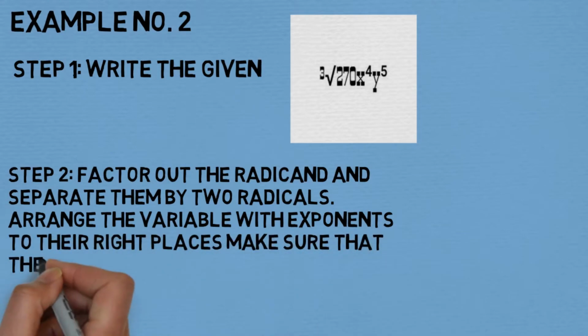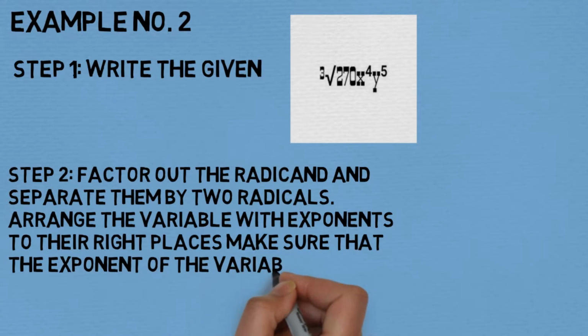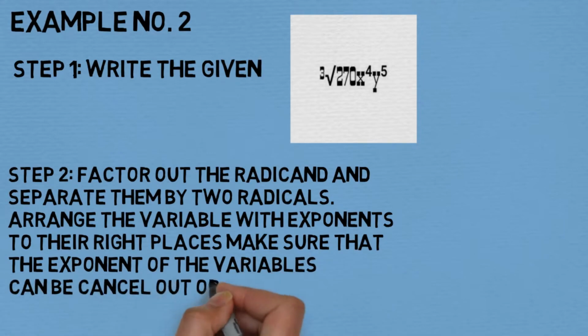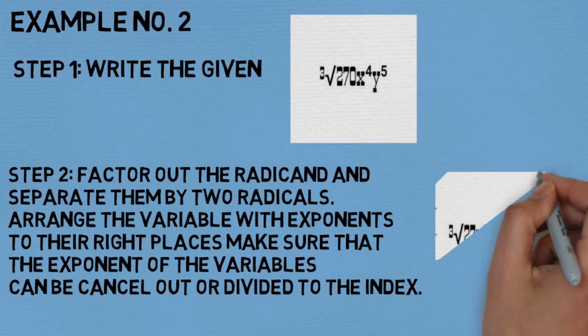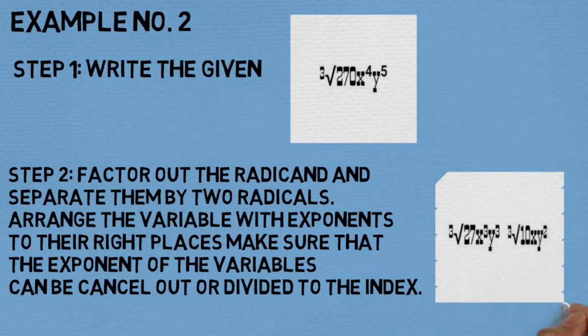Make sure that the exponent of the variables can be cancelled out or divided to the index. The factors of the given radicand are 27 and 10. Since the index is 3, the exponent of the variable must be divisible or equal to the index. Put the excess exponent to the another radical.